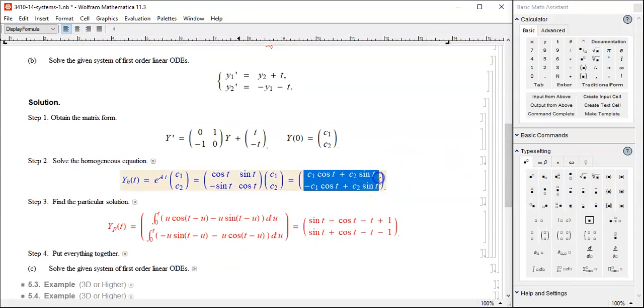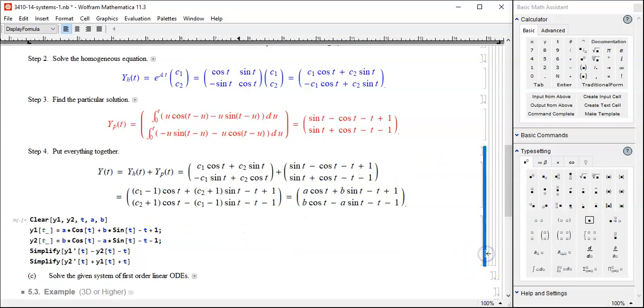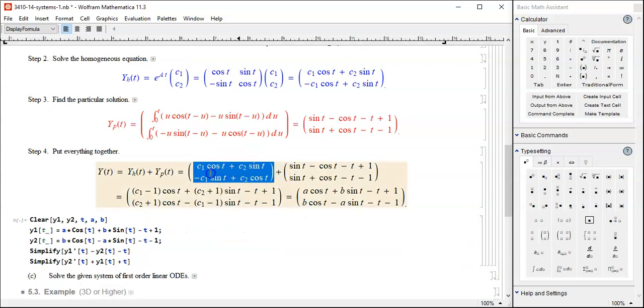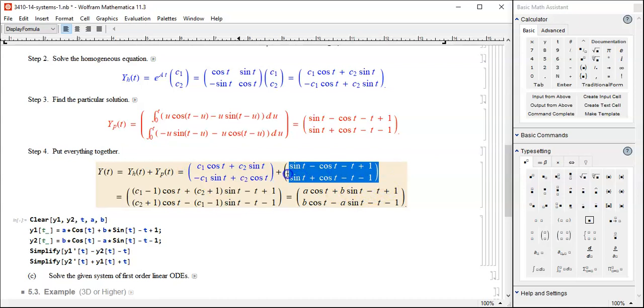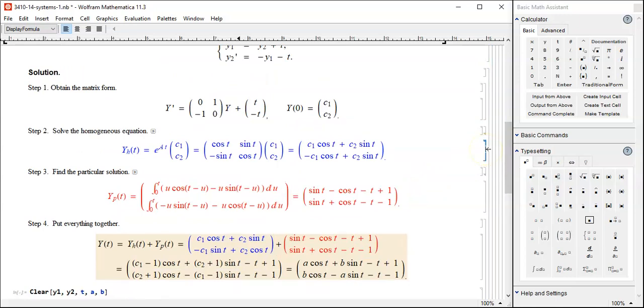So if you add up this and that, that's going to be the general solution. So this part is the homogeneous part. That part is C1, C2. And this part is the particular part. That one does not have any undetermined coefficient.